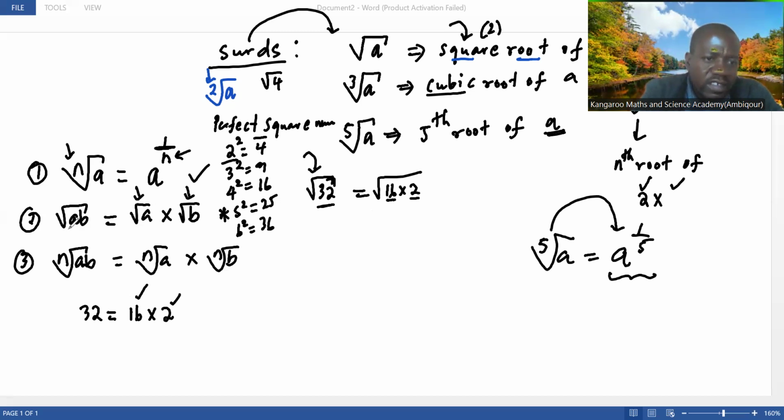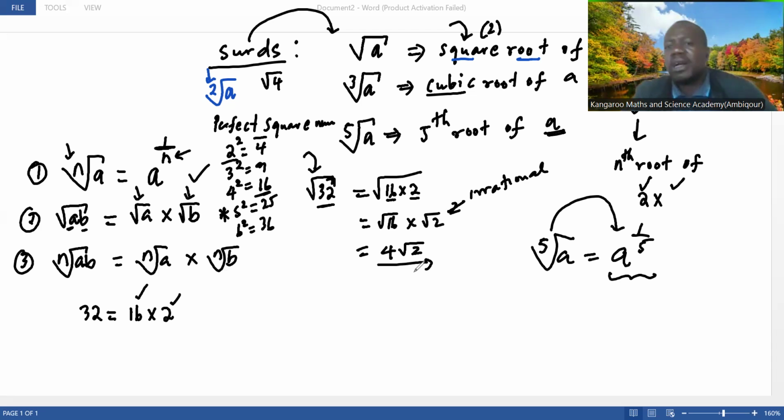There is the a and the b. And this can be written as root 16 times root 2. Very important. And 16 is a perfect square number. Root of 16 is 4. And root of 2 is an irrational number. It means that the answer will be in decimal, so we'll just leave it as root 2. So the answer becomes 4 root 2.